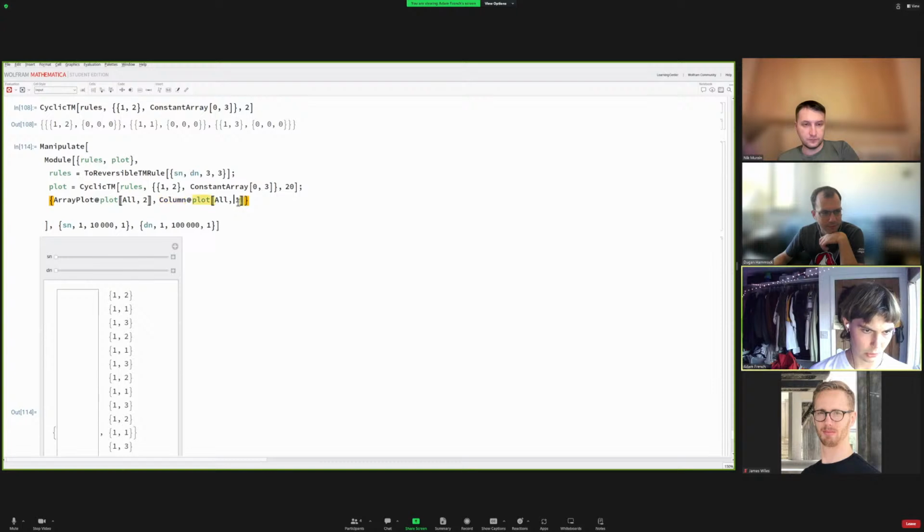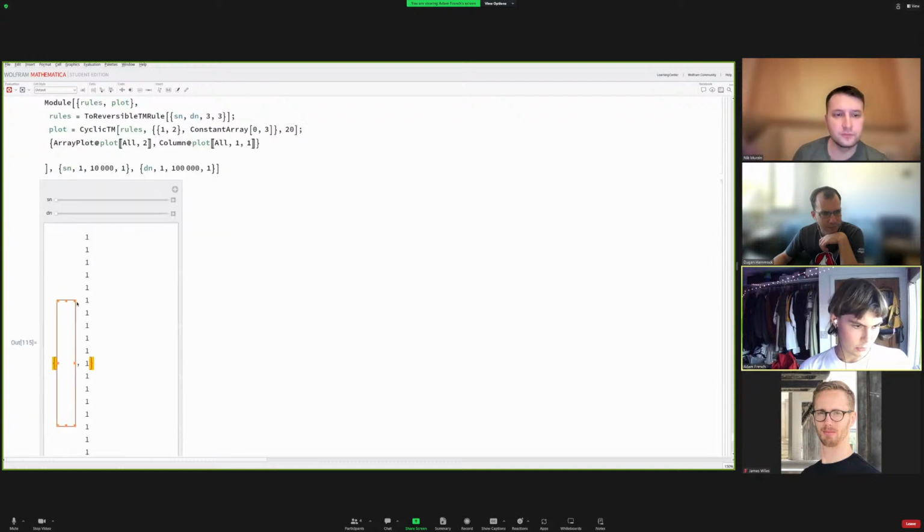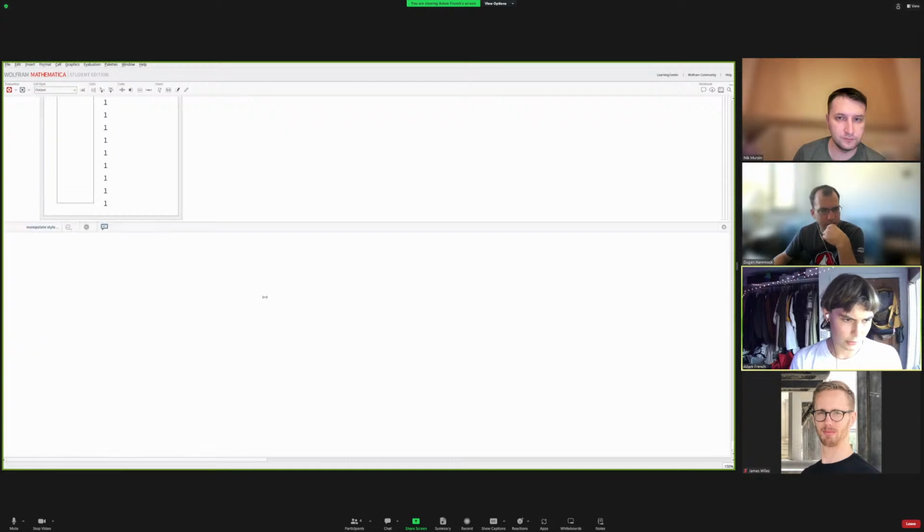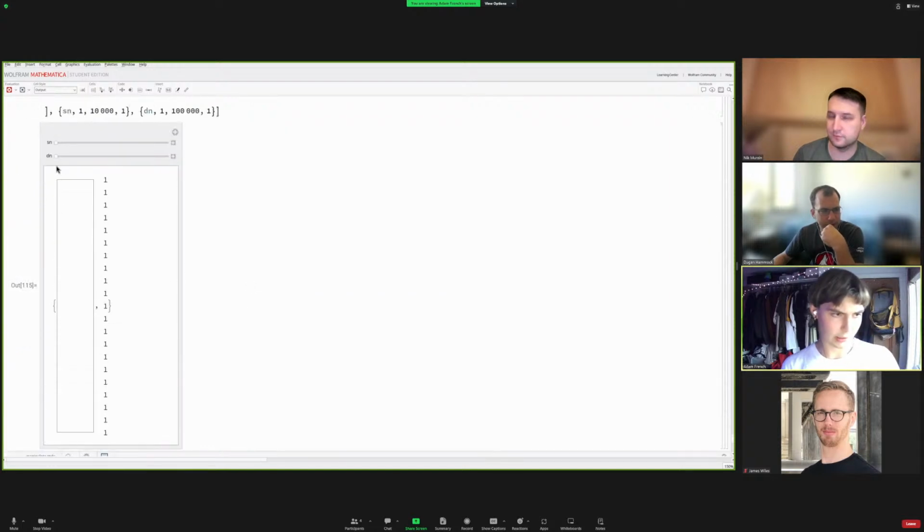And we only want the state, which is the first one. Okay, it's kind of like not really proportionate, but on the left we have the tape, and on the right we have the state.